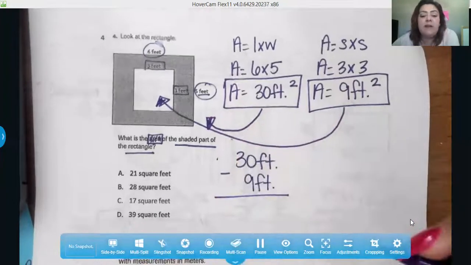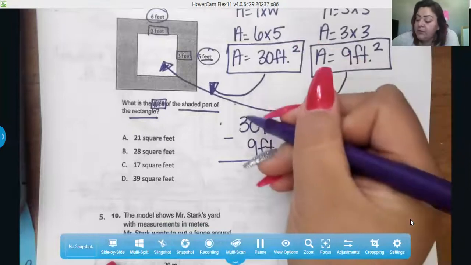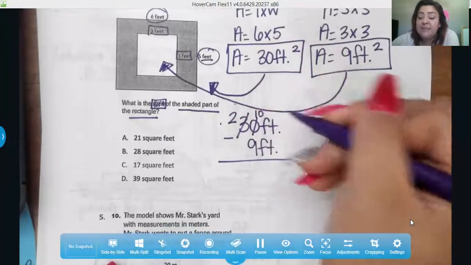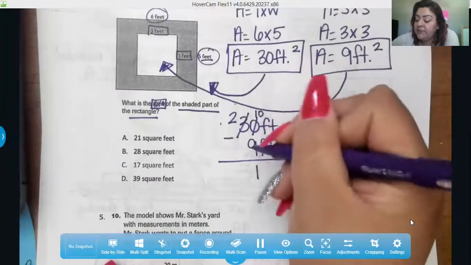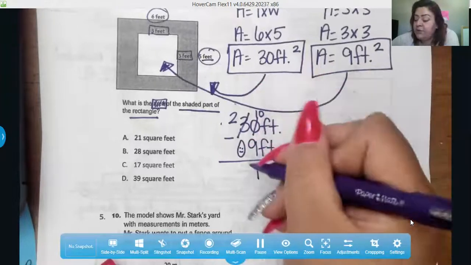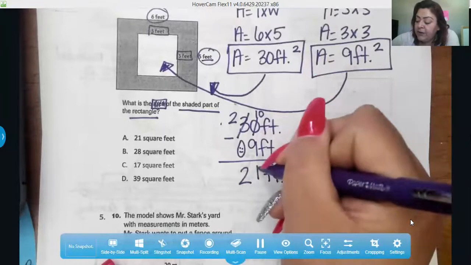So I'm subtracting first. Okay, I cannot take 9 from 0, so I'm going to borrow. You become a 2. This gives me 1, which gives me a 10. Okay, 10 minus 9 is 1. And then technically this is that happy 0 there, so 2 minus 0 gives me 2. And I can't forget 21 feet squared.